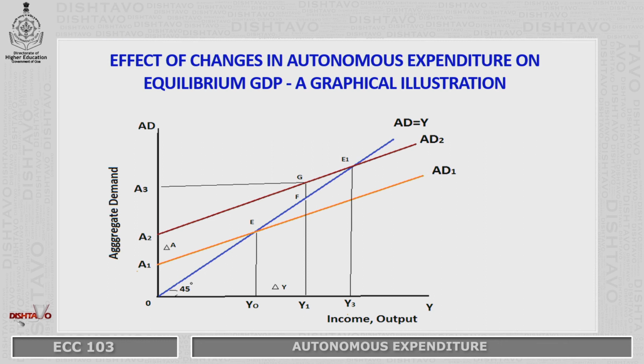And so, the point moves from point E to point F to point G, where the aggregate demand goes up to A3. And in this process, a new equilibrium is reached, equilibrium E1. At this point of new equilibrium, we find that there is a multiple increase in income, which is more than proportionate to the increase in autonomous expenditure.